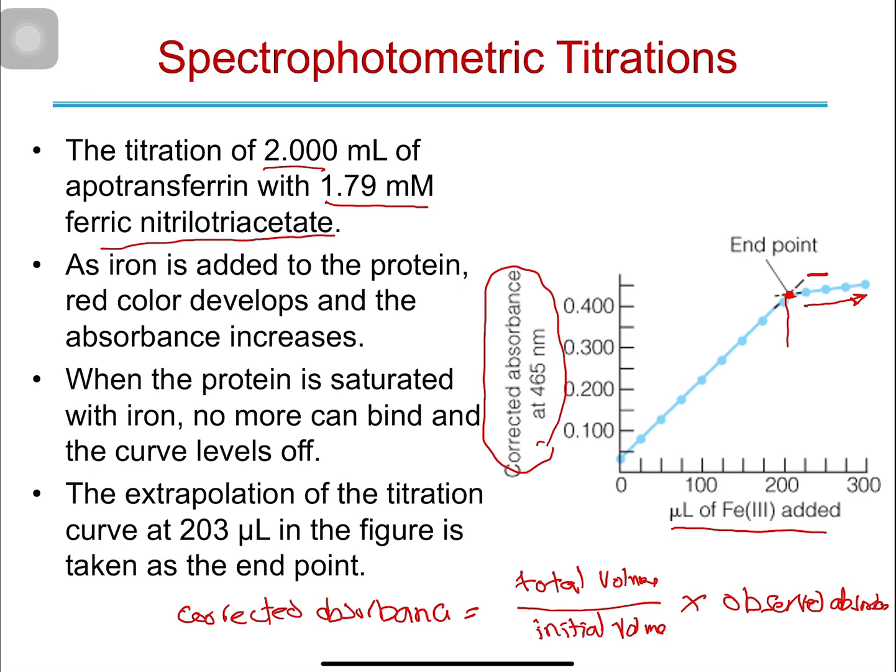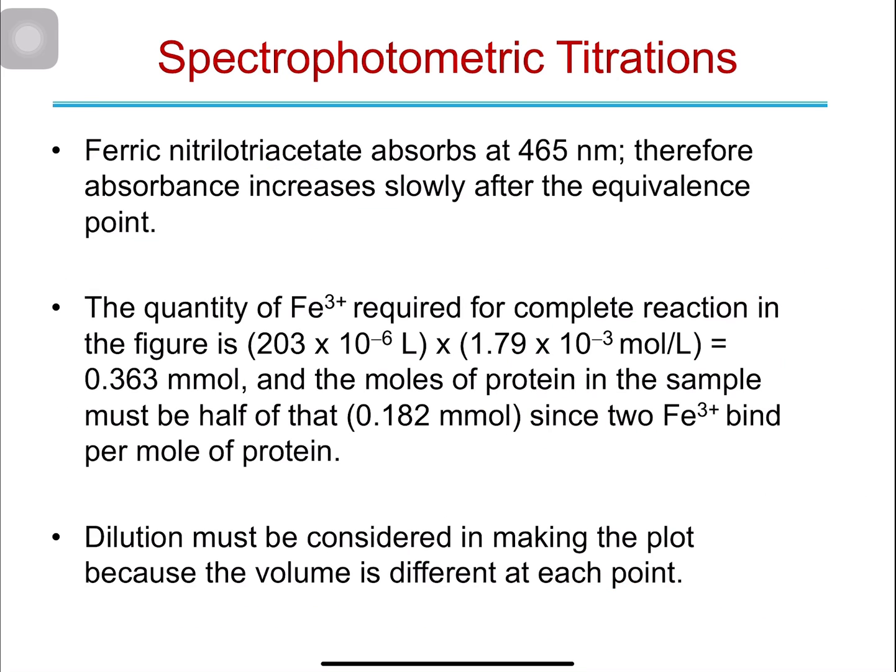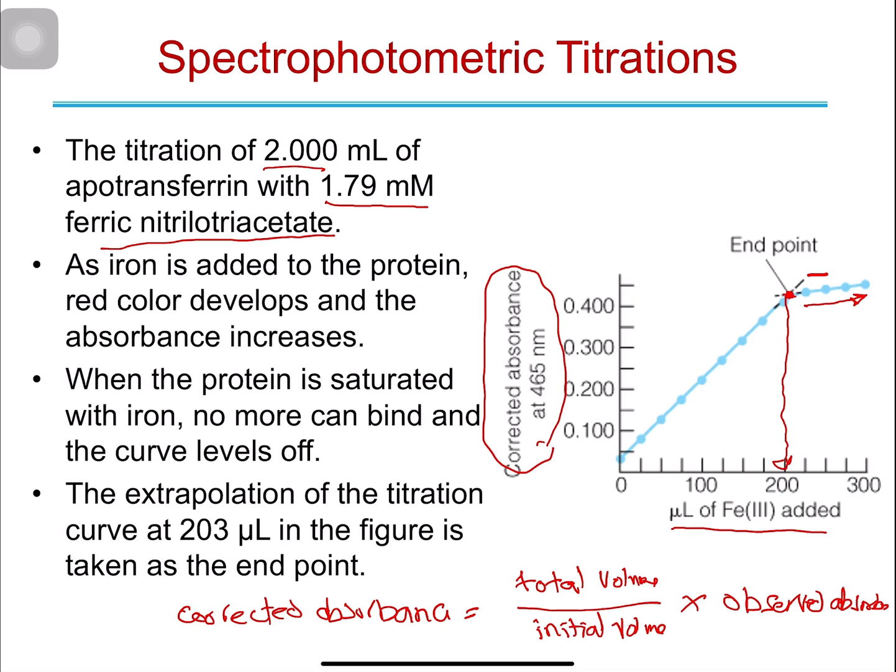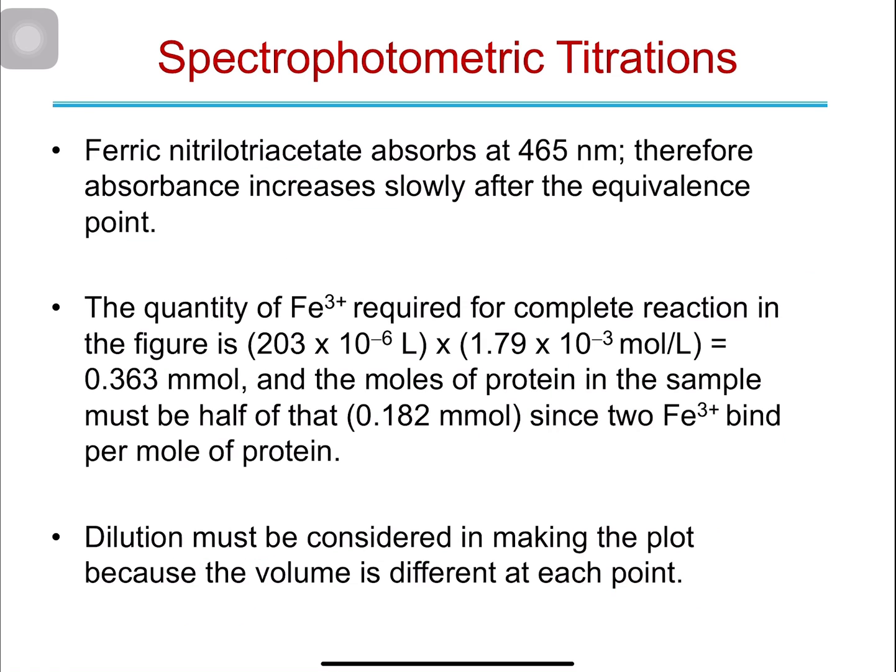So we then find the amount of ferric that was added. The endpoint here was calculated to be 203 microliters. So the quantity of the ferric required for complete reaction, as per this figure, was 203 times 10 to the power minus 6 liters times 1.79 times 10 to the power minus 3 mole per liter.